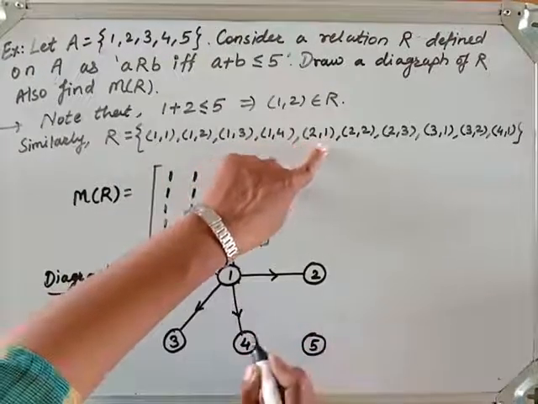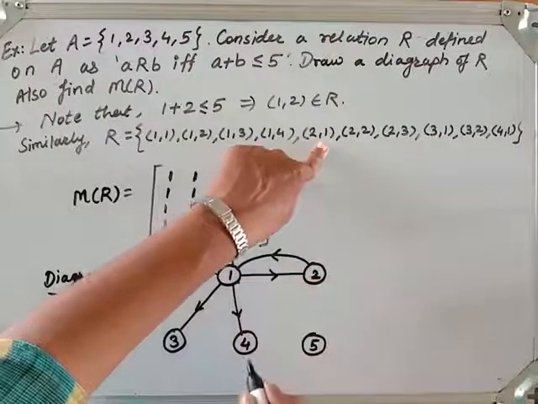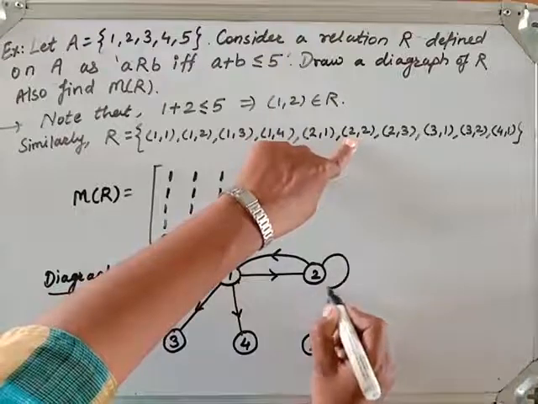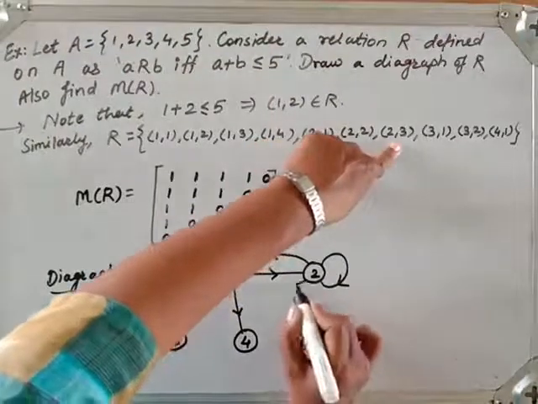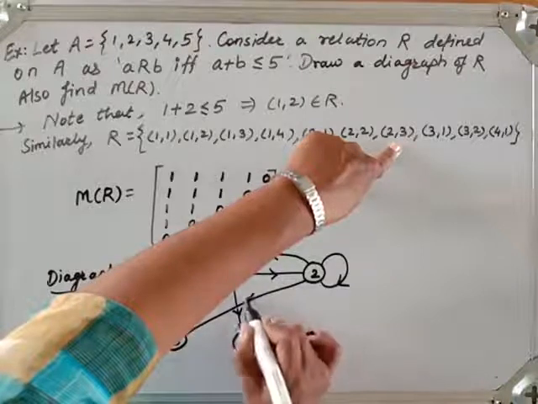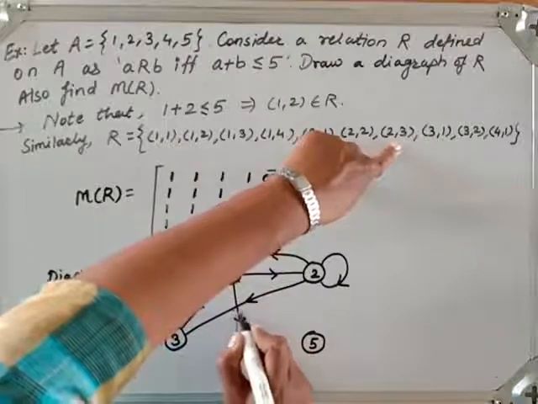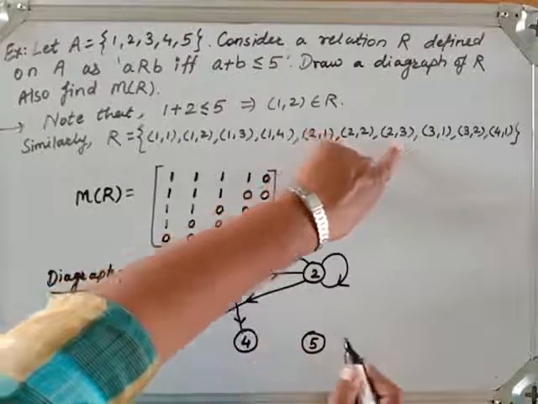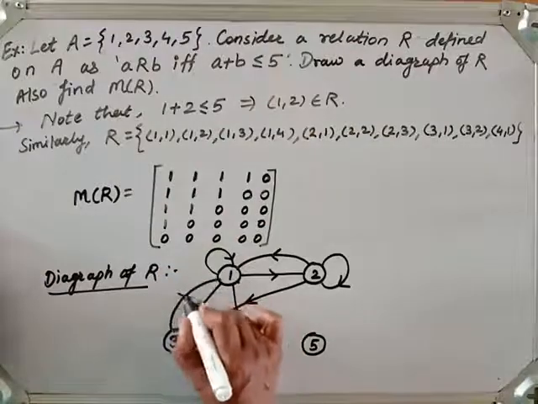Fine. Now 2 is related to 1, so 2 is related to 1. 2 is related to 2, so there is a loop on it. 2 is related to 3, so there is a line between them. Fine. Now here let me write this arrow here. Fine. Now 3 is related to 1, so 3 is related to 1.